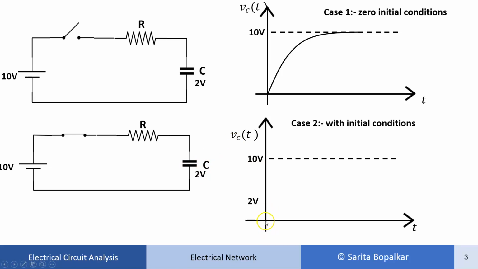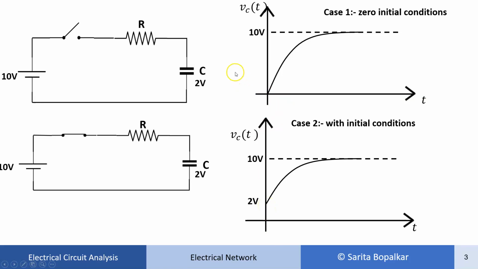At t equal to 0, I am closing the switch, but already this 2 volt charge is developed across the capacitor. So from t equal to 0, the voltage across the capacitor will start increasing from 2 volt. Here you can check, it starts increasing from 0 volt, and here from 2 volt.